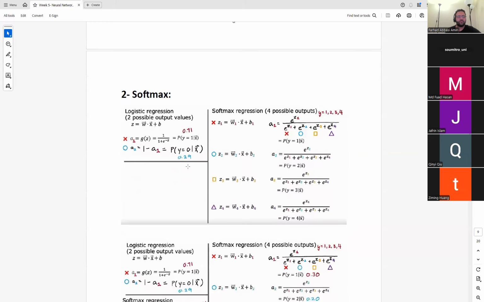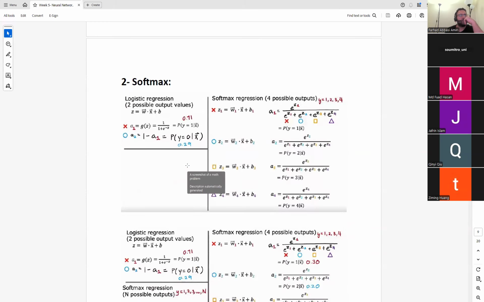But for multi-class classification, right now I'm going to introduce the softmax regression as an activation function. Let's say we have four possible outputs, or 5, 6, 9, 10 possible outputs, but here, let's say we have four.